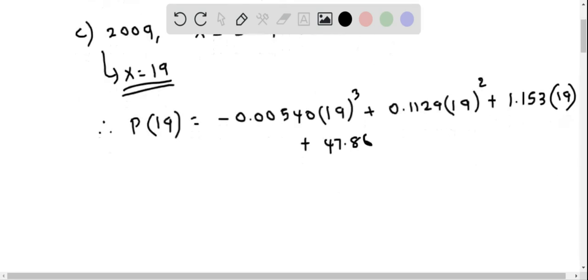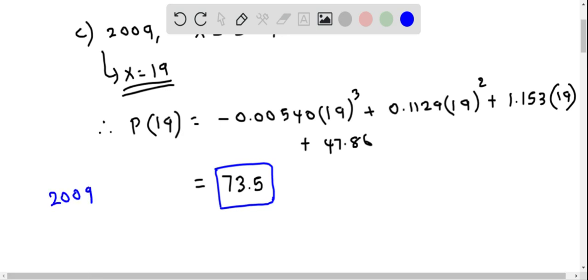We can plug this expression into the calculator, and when we do that, we get approximately 73.5, and this is rounded to the nearest tenth of a million. So we say that the number of US travelers to other countries in the year 2009 equals 73.5 million.